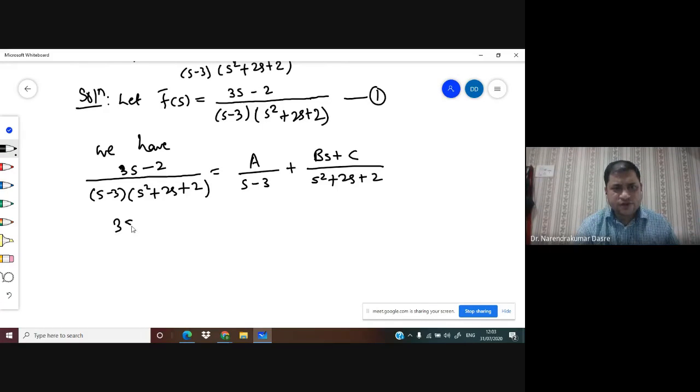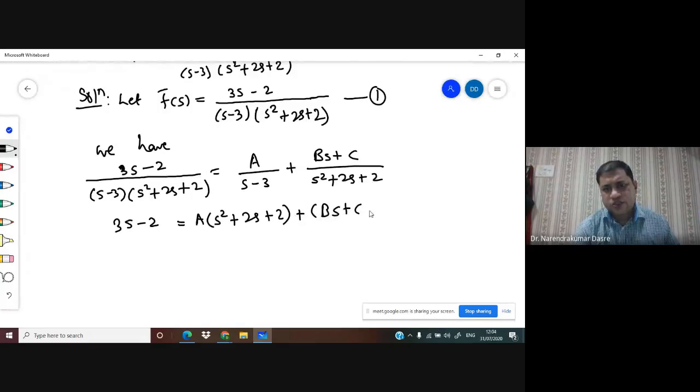Now we have 3s minus 2 is equal to A times s square plus 2s plus 2, plus Bs plus C into s minus 3.